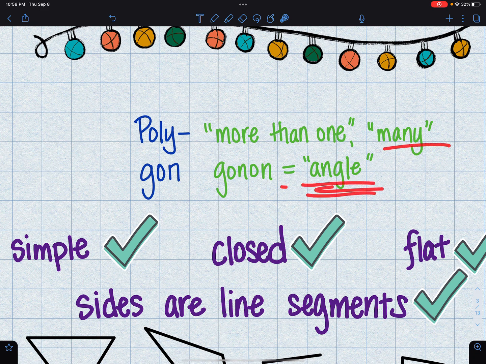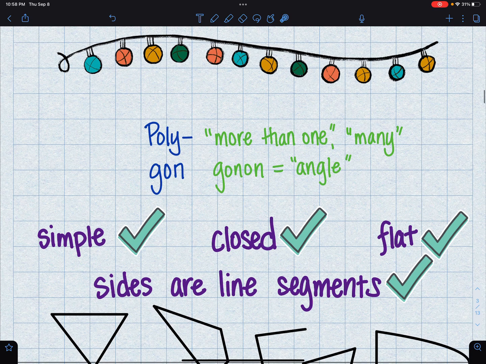So many angles or more than one angle. So a polygon is a shape that has more than one angle. That's the literal meaning of it. But some modern day authors have more specific parts of this definition. And these are the things that it has to satisfy in order to be a polygon.